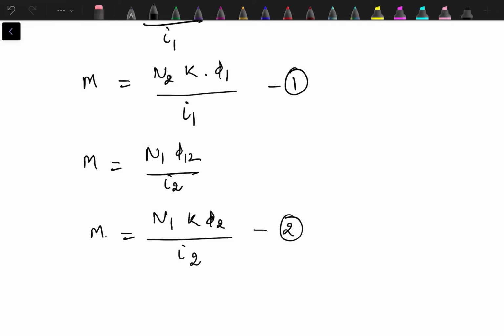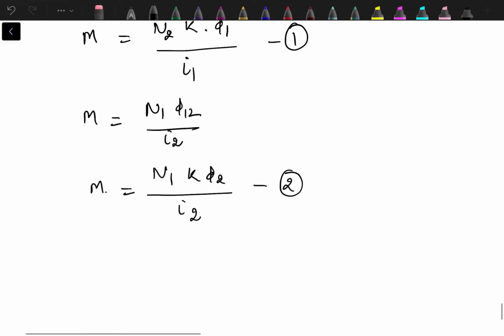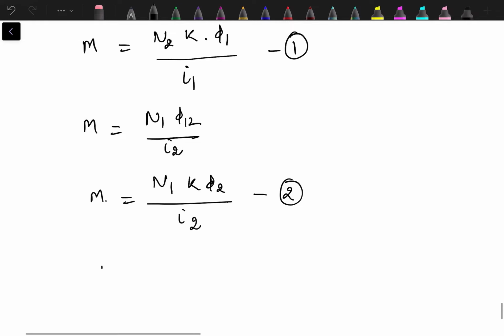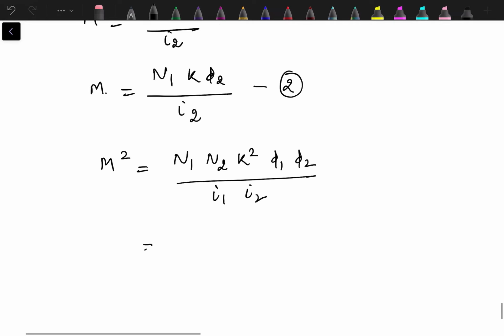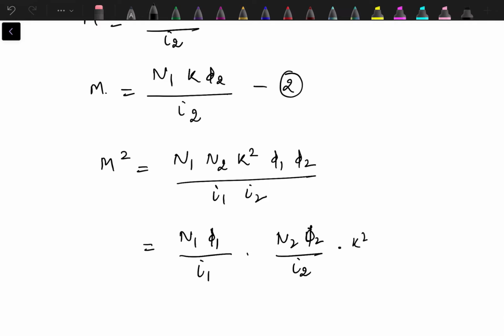Now when we multiply the first equation by the second, we have M square is equal to N1 N2 k square phi 1 phi 2 upon I1 I2. Now if we separate the terms, N1 phi 1 upon I1, N2 phi 2 upon I2 into k square.